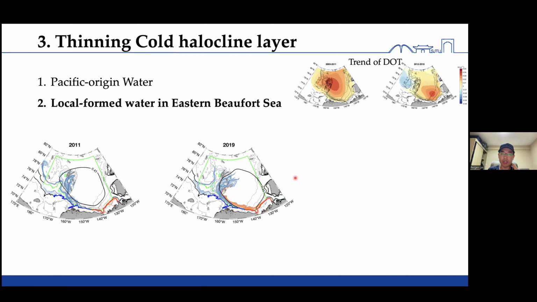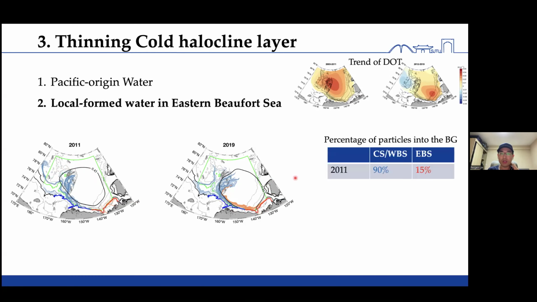So we wanted to quantify the percentage of particles getting into the Beaufort Gyre. For the particles from the Chukchi Sea and the western Beaufort Sea, 90% in 2011 get into the Beaufort Gyre, and only 15% of the eastern Beaufort Sea particles get into the gyre.